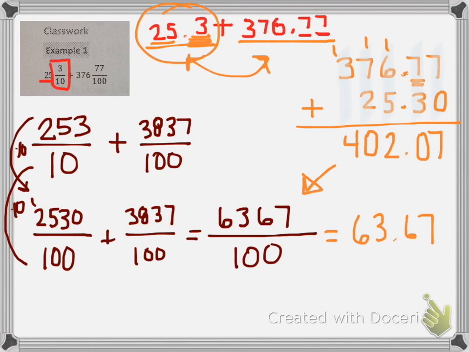Let me go back through. 10 times 25 is 250, plus 3 is 253, so I know that's good. 253 tenths. And then over here, 100 times 376, well, that's 37,600. Oh, 37,600. I made the mistake.